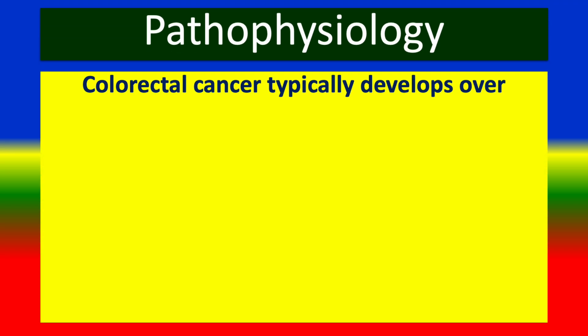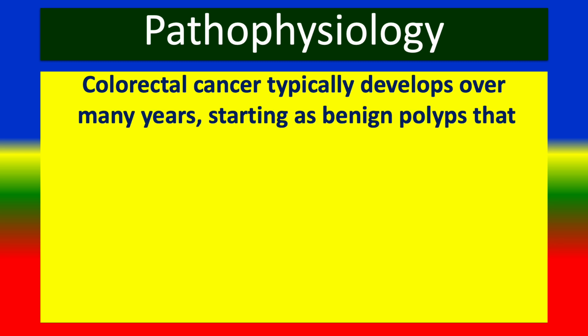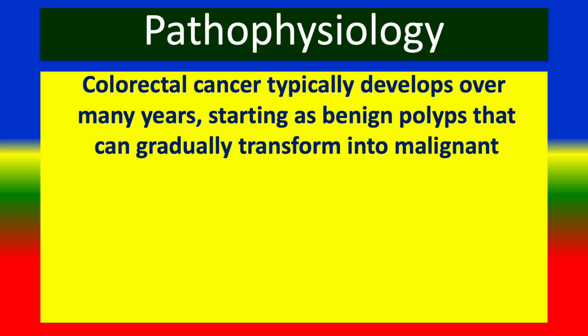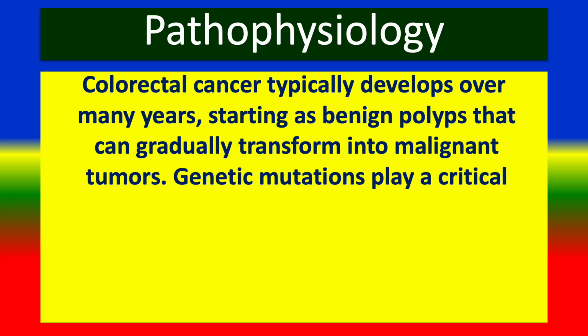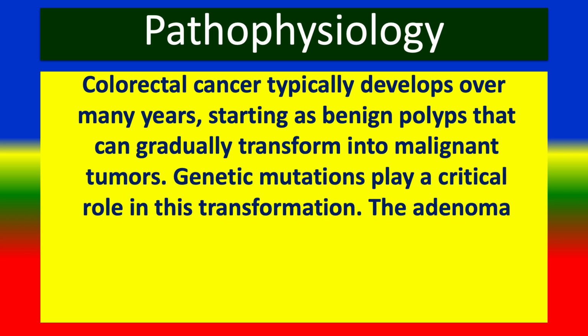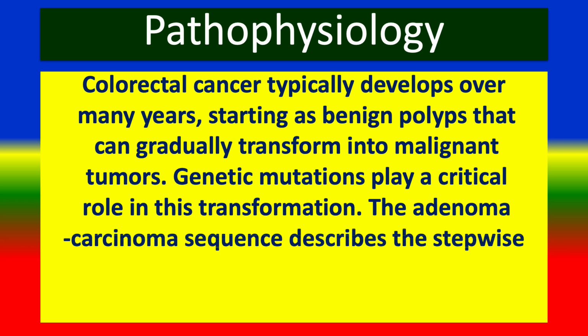Pathophysiology. Colorectal cancer typically develops over many years, starting as benign polyps that can gradually transform into malignant tumors. Genetic mutations play a critical role in this transformation.